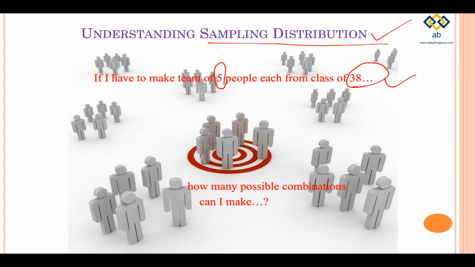Which means out of these 38 students, I'm picking 5 people, so this is my one sample. I'm picking another 5 people, this is my sample number 2. Another 5 people, this is my sample number 3. Another 5 people, this is my sample number 4.